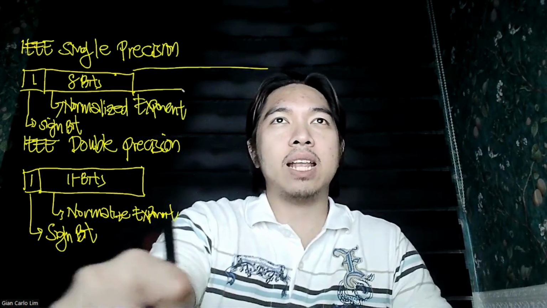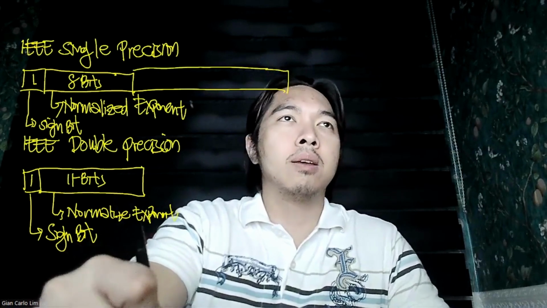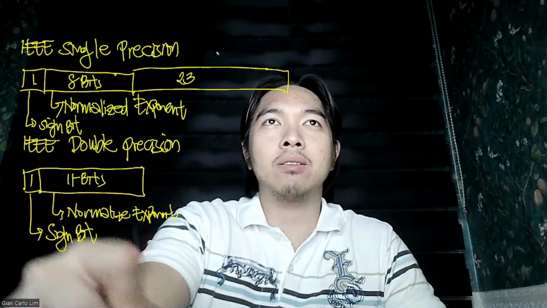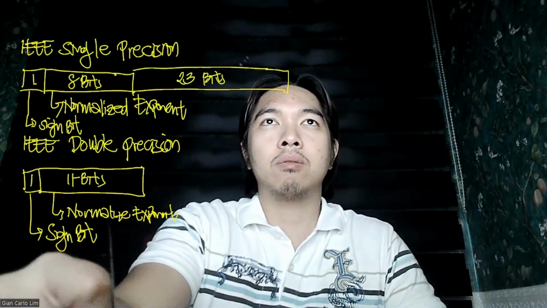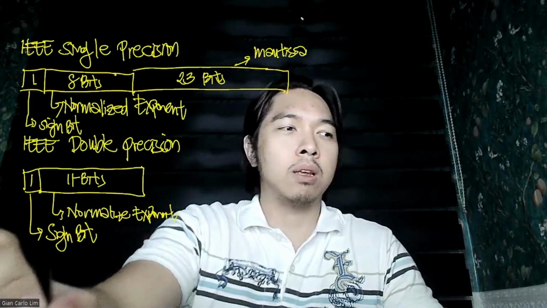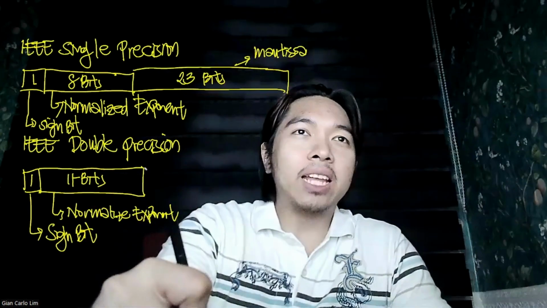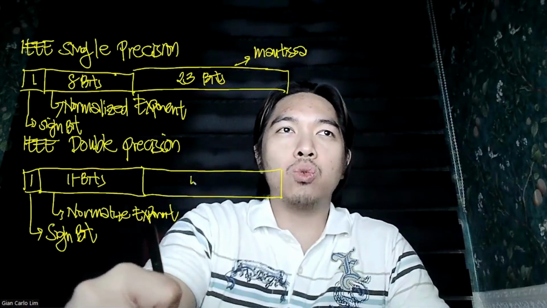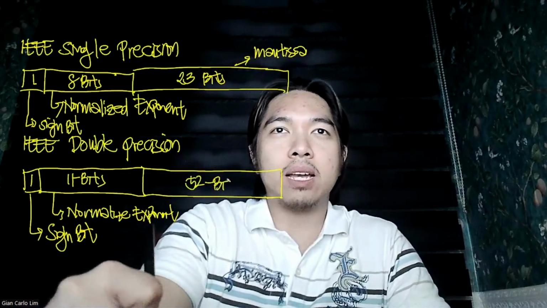And of course, the last part. So we have here 23 bits of mantisa, whereas in IEEE double precision, we have 52 bits of mantisa.